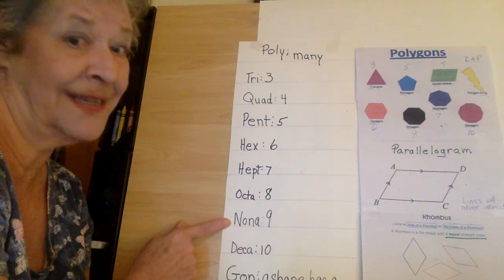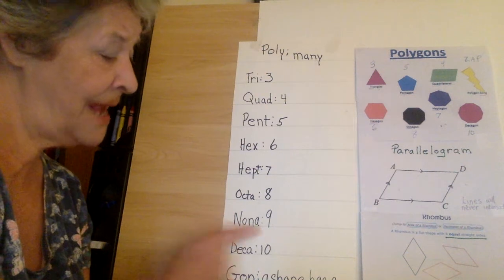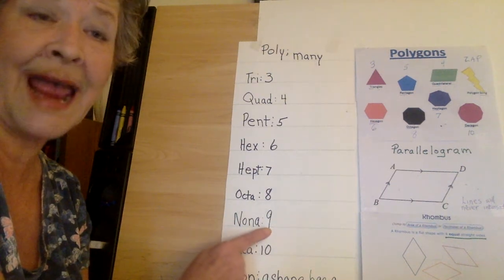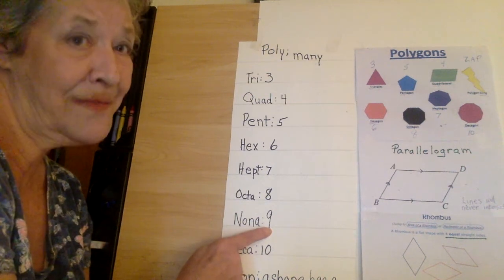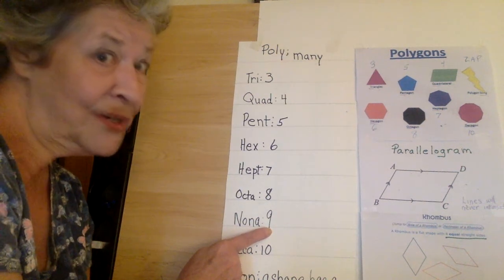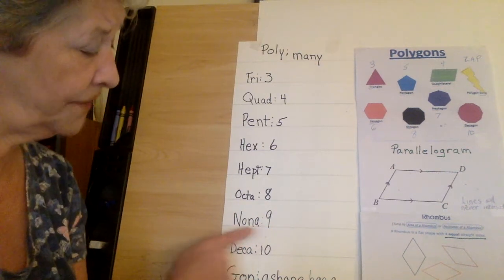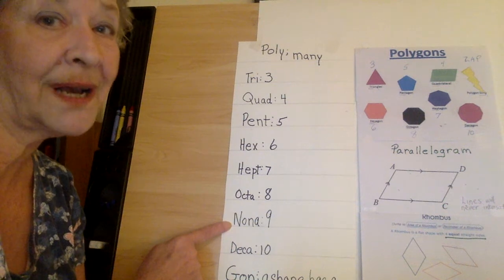I've given you enough hints and information about shapes and the sides that they have and the angles that they have. I'm thinking you're going to have some fun. Try a couple different ways to make a nonagon.